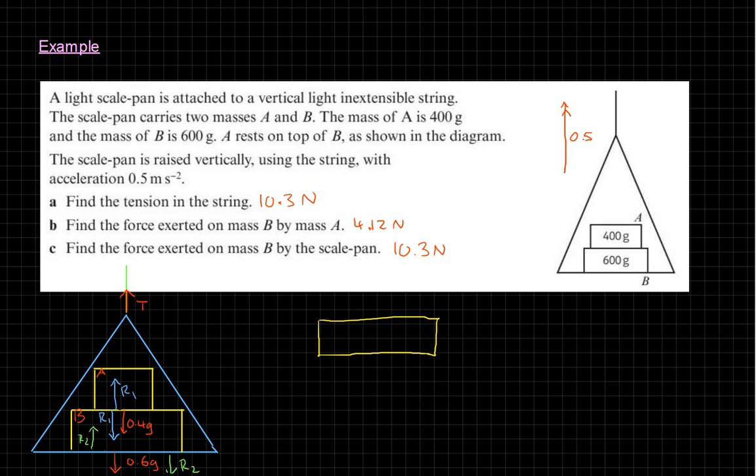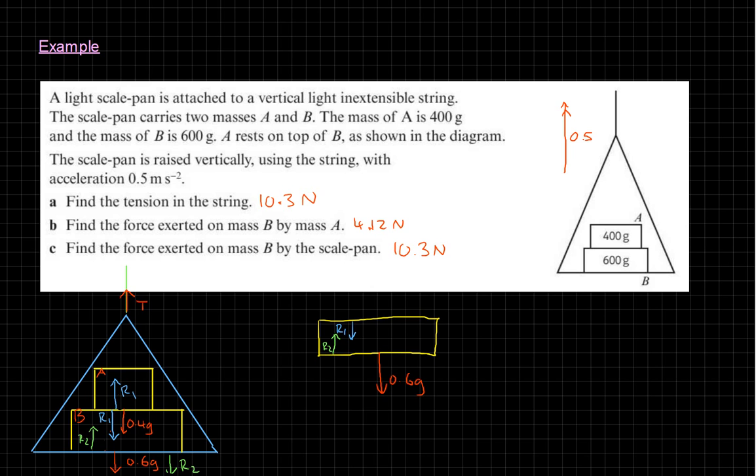We've got the R1, which is A pushing on B. We've got the 0.6g, which is the Earth pulling on B. And we've got R2, which is the scale pushing on B. So those are the 3 forces acting on B.